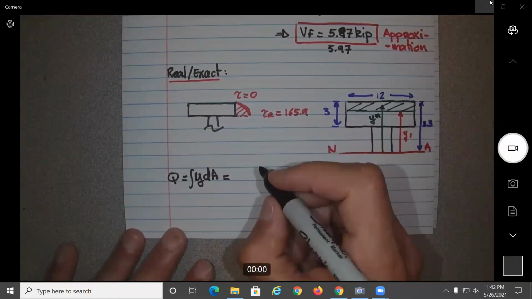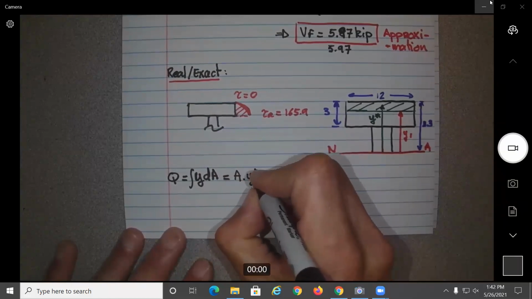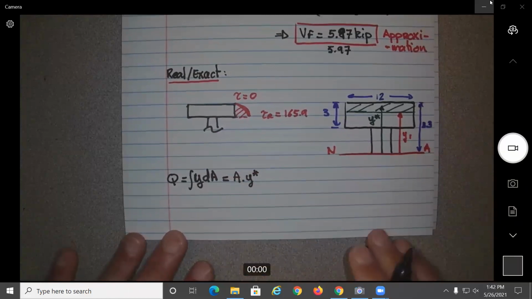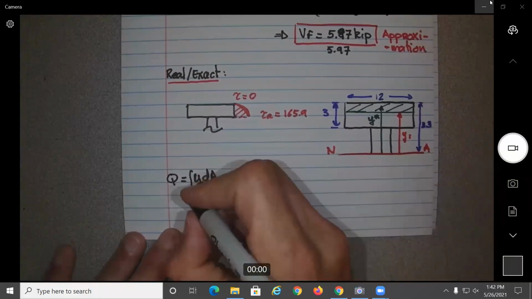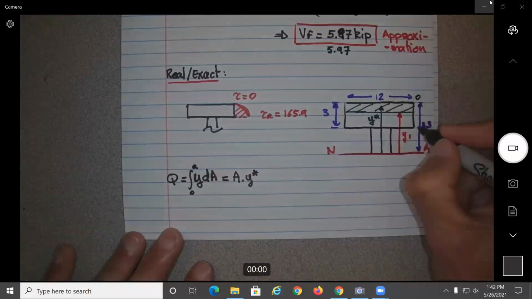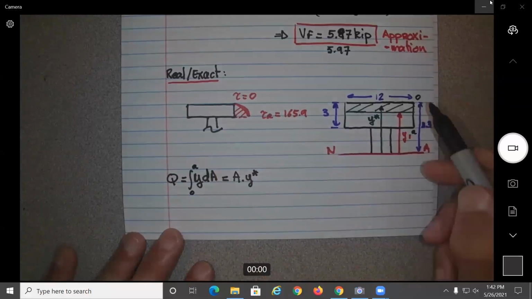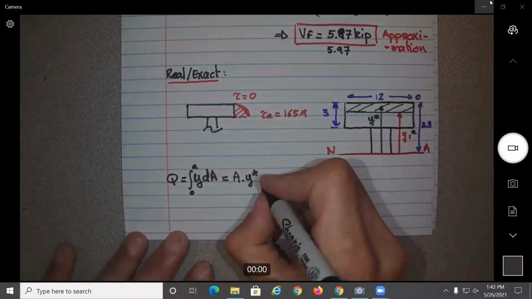But this can be summarized as doing the area times, on the figure, what would be the Y sub star. Okay, and if you want, this would be from point 0 to point A, where this will be 0 here, and this will be point A over here. Okay, 0 and point A. But this is equal to this.